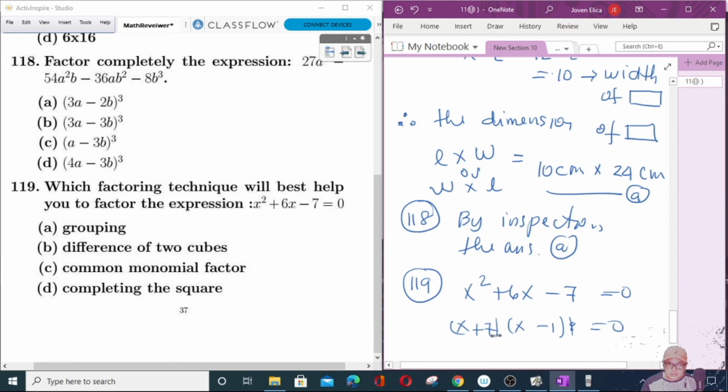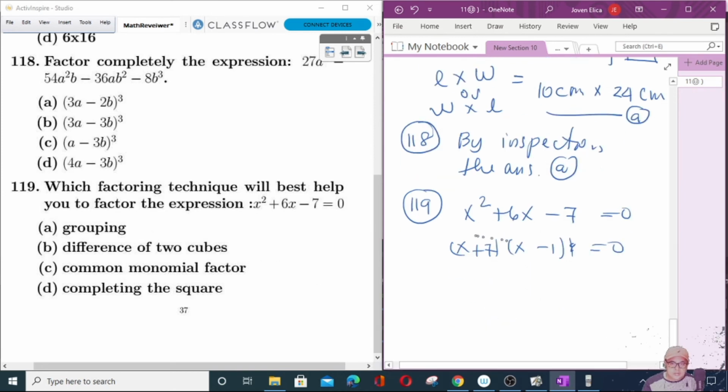So that means grouping is not the answer. We did not group it. We just factor it. This is not a difference of 2 cubes. It's not a cube. Completing the square is not the answer. So therefore, the answer is letter C, by inspection.